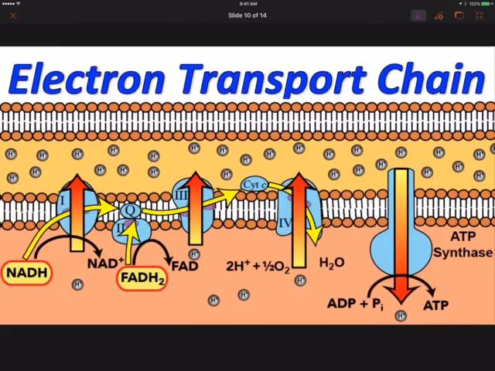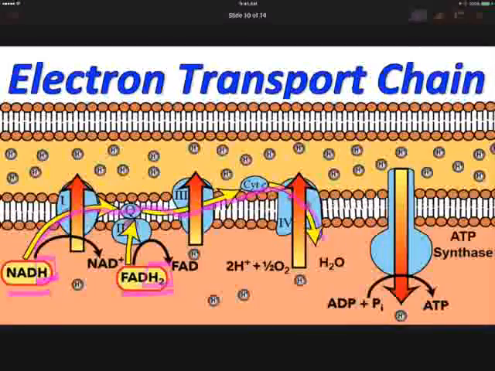Now that NAD and FAD that I made during the Krebs cycle goes into the electron transport chain. And this one looks really similar to the electron transport chain you saw in the light-dependent reaction of photosynthesis. The electron carriers here are carrying these electrons, and this series of chemical reactions produces a concentration gradient.